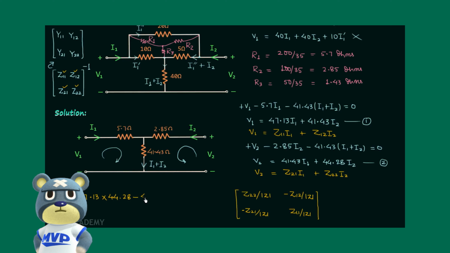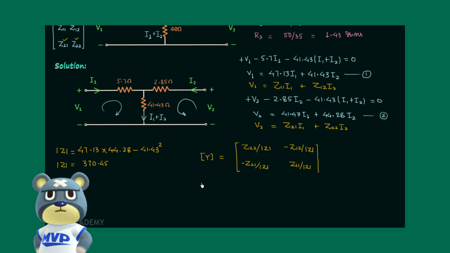So we have square of 41.43. When you solve it, you will get the determinant is equal to 370.45. So now we can easily have our admittance matrix. In the next step, we will put all the values.